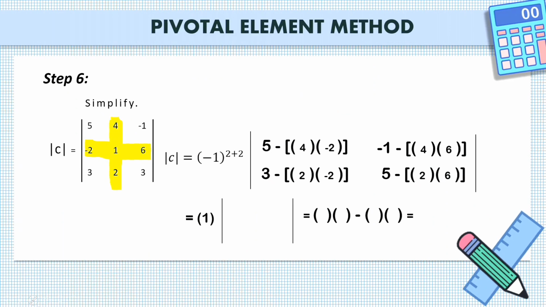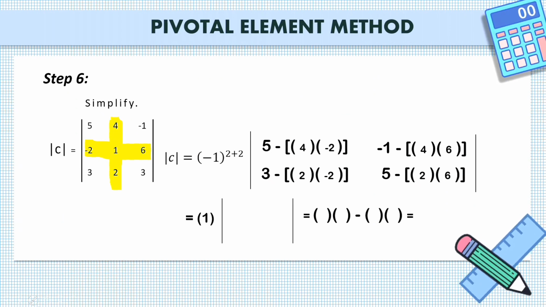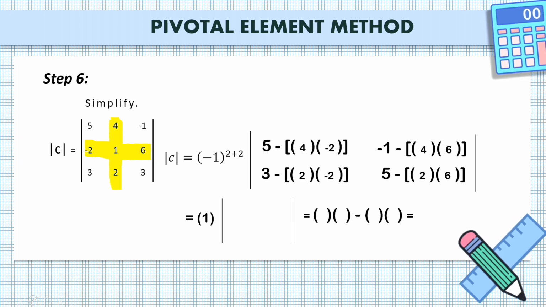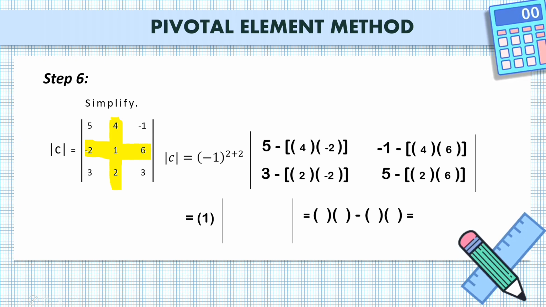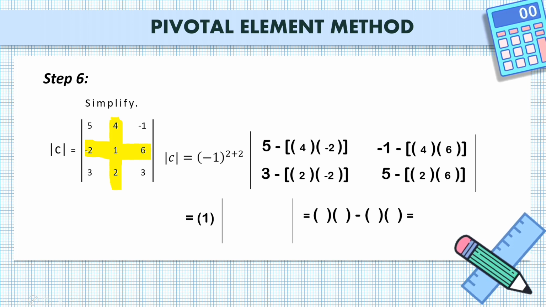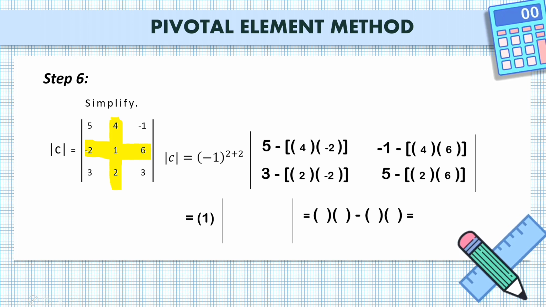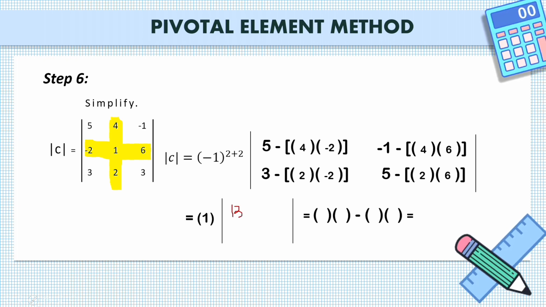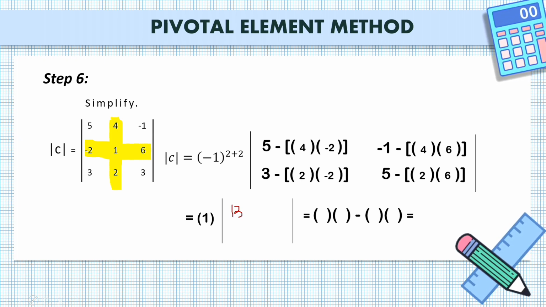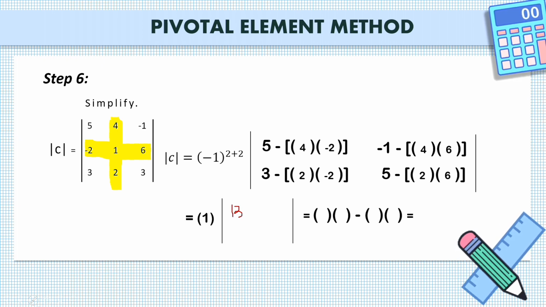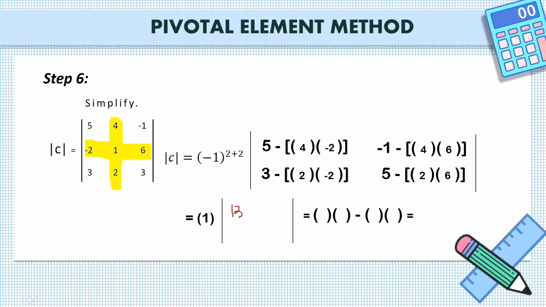Okay, step 6. Simplify. Negative 1 raised to 2 plus 2 is equal to 4. Ayan, kaya positive 1 na yan. Next, 4 multiplied by negative 2 minus 5 is equal to 13. Kung natatandaan nyo, sa unang step, ang sabi niya, ang product daw ng dalawang element sa pivotal row or column, isasubtract siya sa mga remaining entries.